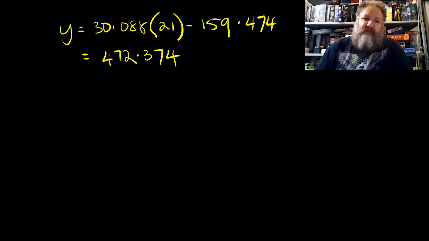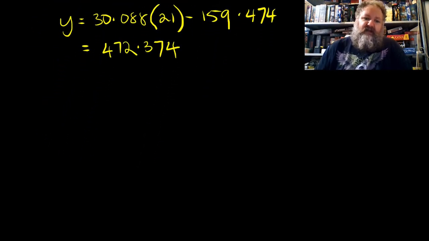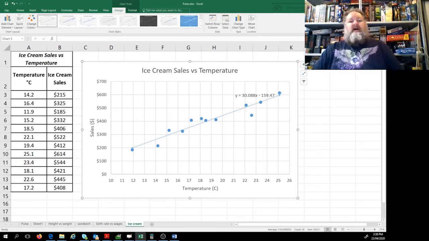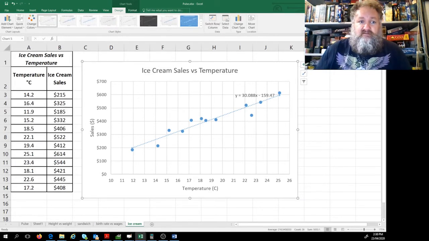Now, extrapolation is when we are considering the information that exists outside of this data. So we're talking about numbers above the 25 that we don't have, and numbers less than 12 that we don't really have information for.